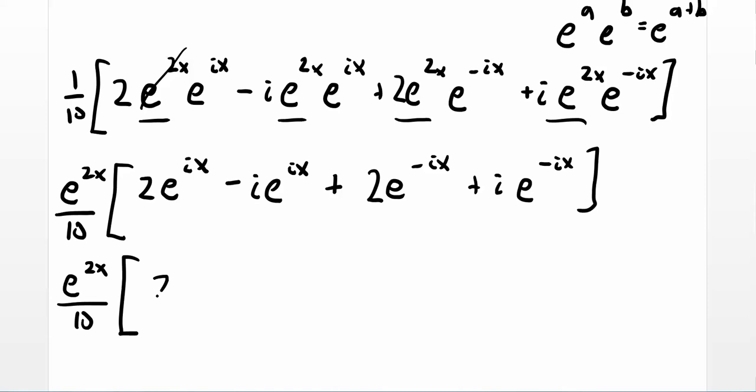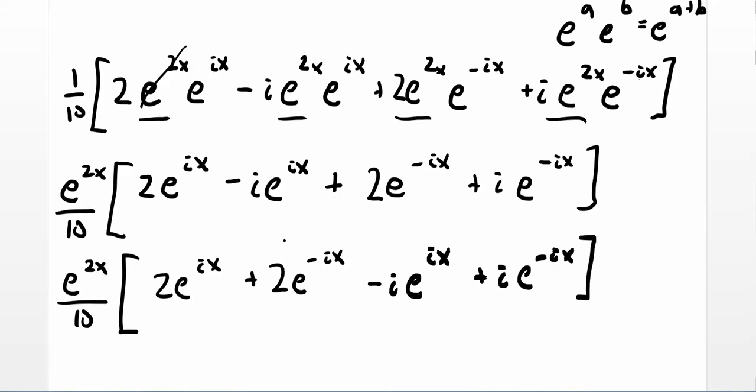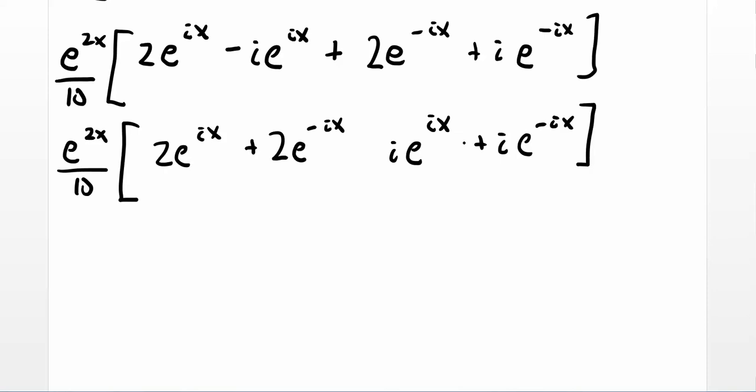I'm going to put this one with the other exponential having a 2 in front, and then the ones with i's together as well. Now I still want the positive exponent to come first.